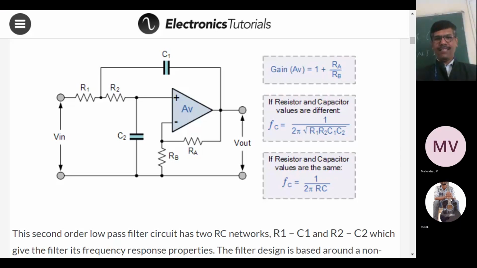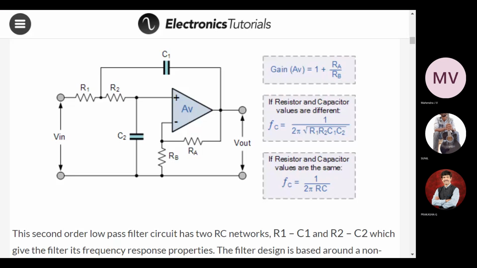Yes, sir. What can you see on screen? Filter, sir. Any material shared on screen? Circuit, sir.